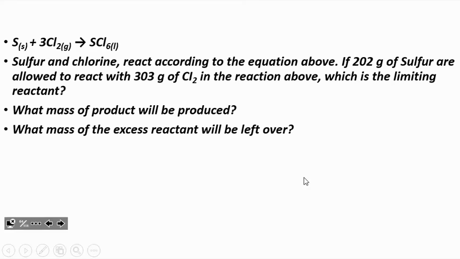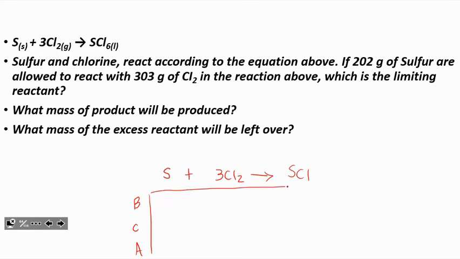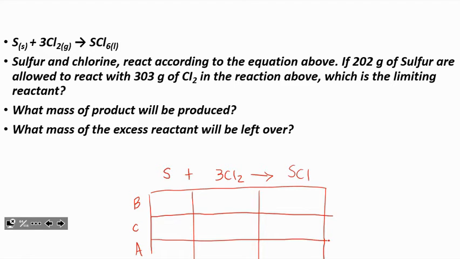Let's start that over again so I have a little bit more room here. All right, so sulfur, I've got 3Cl2, and I have SCl. This is going to be my BCA table. To start with, I don't have anything here.